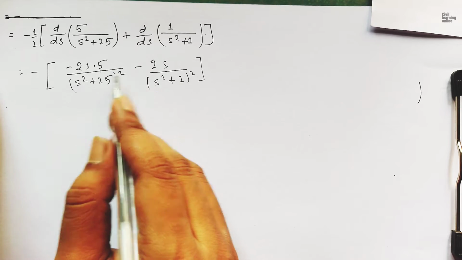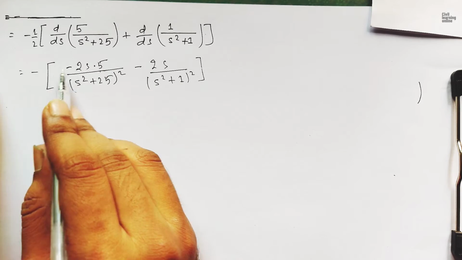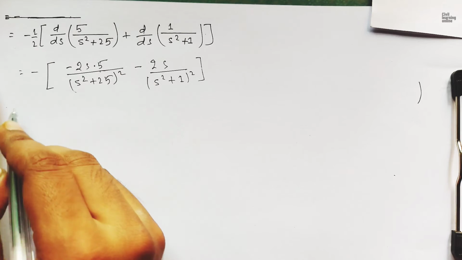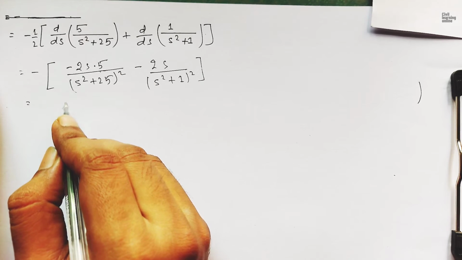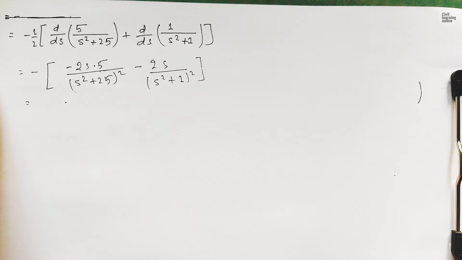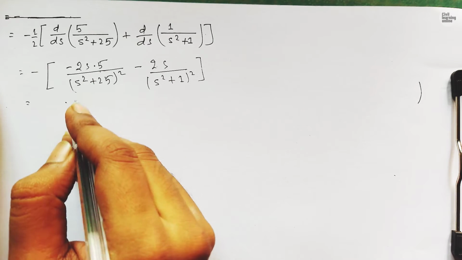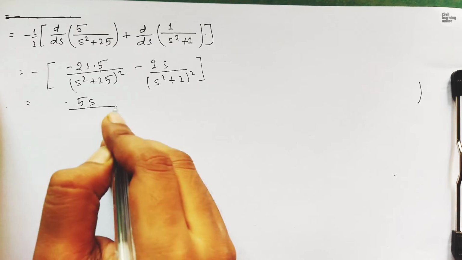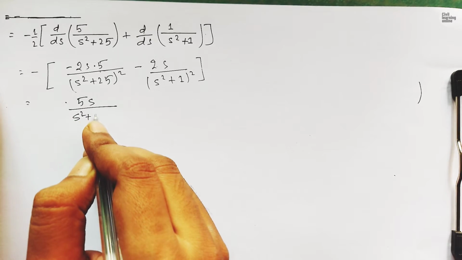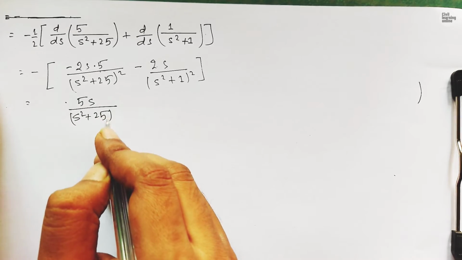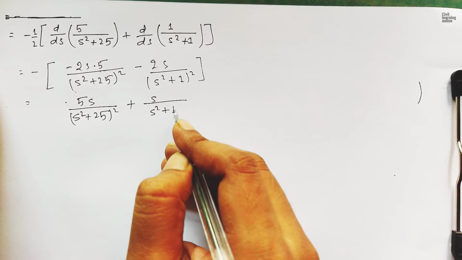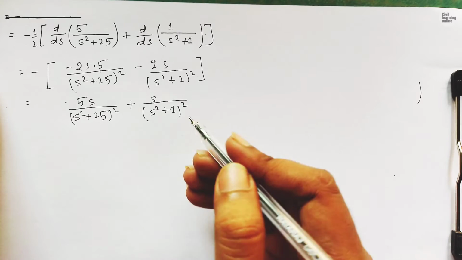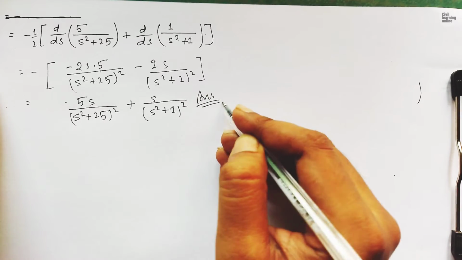So what I am going to do here, I am going to multiply this with minus and take 2 common, so 2 will get cancelled out, so we will have here 5s upon (s square plus 25) square plus s upon (s square plus 1) whole square, and this is our answer for this numerical.